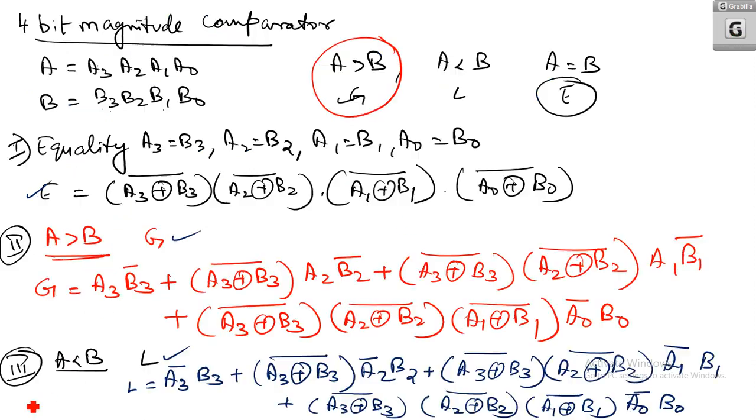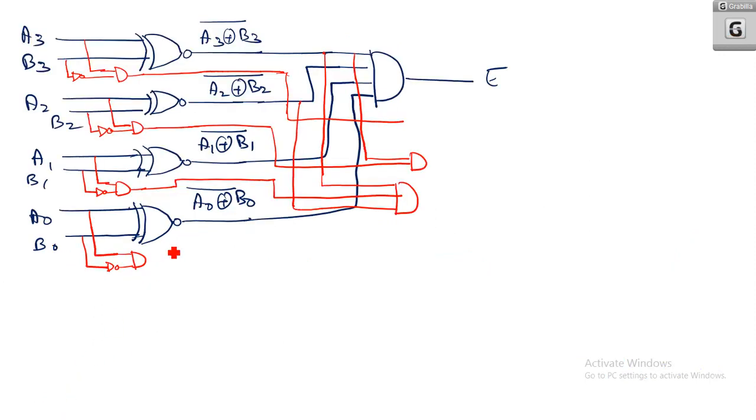Now coming to the third one. Third one means you should have all this A0 B0 bar. That should be along with all these things: A3 B3 bar, A2 B2 bar, then A1 B1 bar.